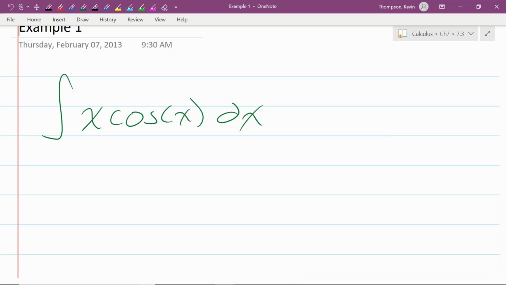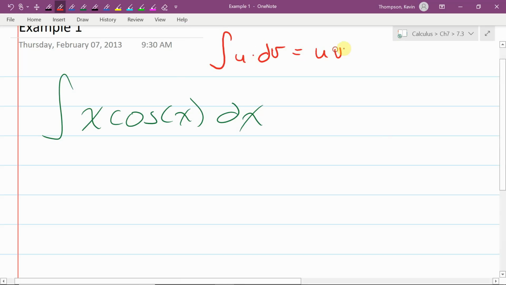U equals cosine of x, the derivative's not in the problem. You're never going to change dx to du. So here's what we're trying to match. We're starting with the integral of u times dv, and I'm trying to say that the answer should be something like this.